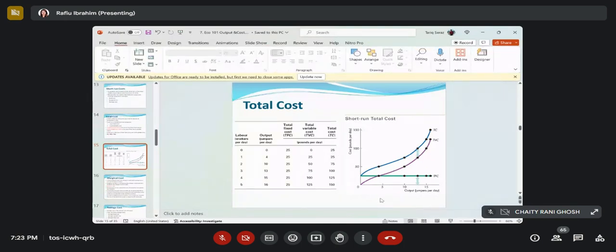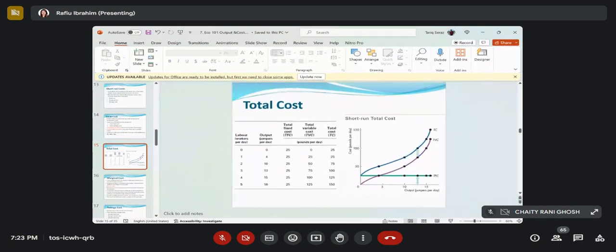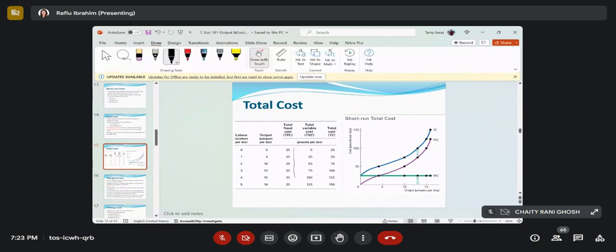So, in your exam, you will be given information like the total fixed cost is this, the per unit labor cost is this, find out the total variable cost, find out the total cost. So you simply follow the formulas and find out the cost. Okay. And then you will also be asked to draw the curves. So using the values here, you are going to use these values and reproduce them in a graph.